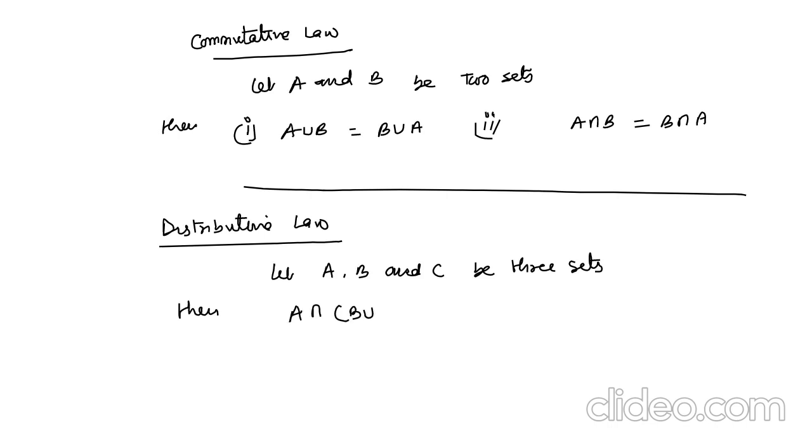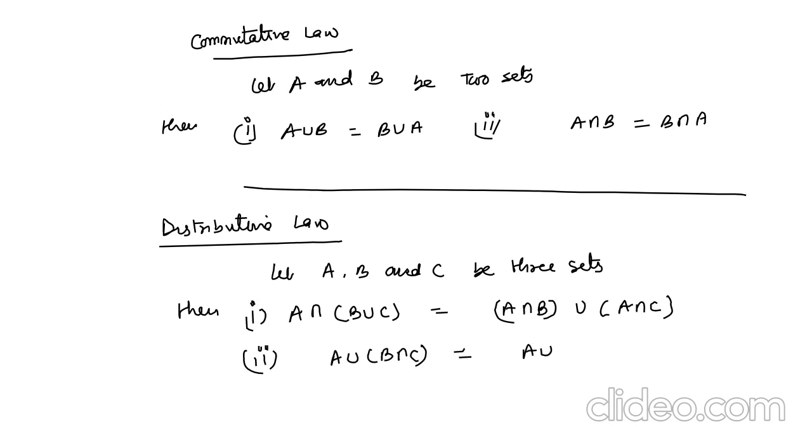Then A intersection (B union C) equals (A intersection B) union (A intersection C), and second, A union (B intersection C) is equal to (A union B) intersection (A union C).